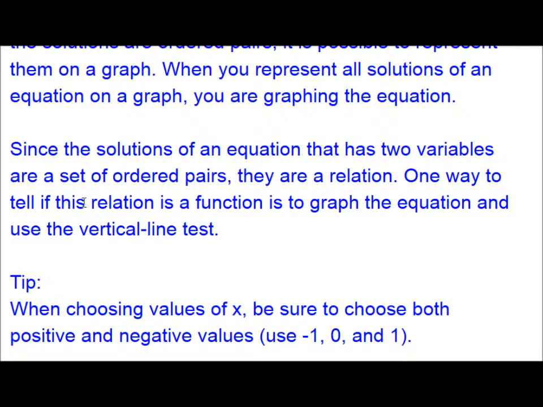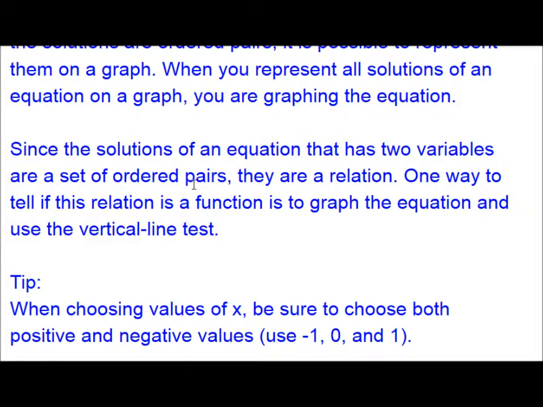One way to tell if this relation is a function is to graph the equation, and we use the vertical line test. So if you are unable to find out by using the method which we discussed previously, regarding the domain and range, then you can use the graphical method, in which you use x and y values to graph the equation, and then you can draw vertical lines on the graph.